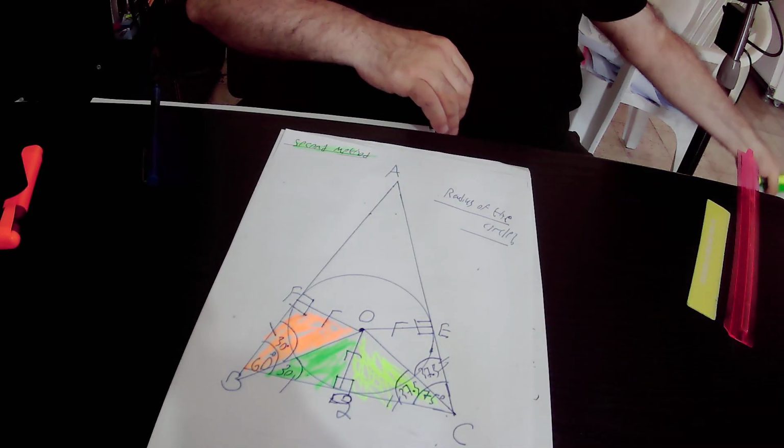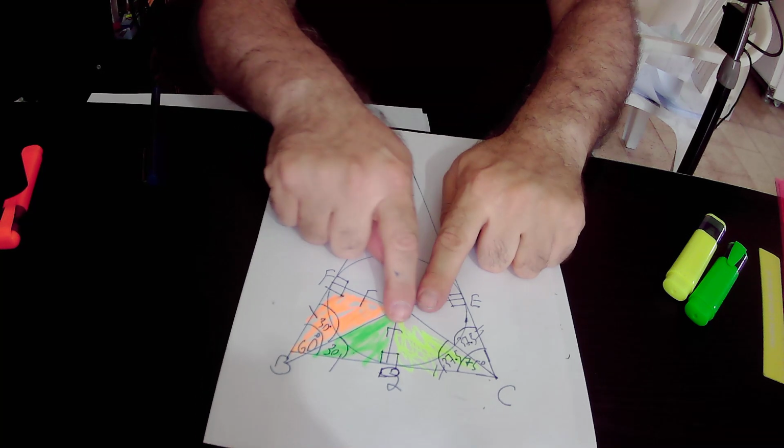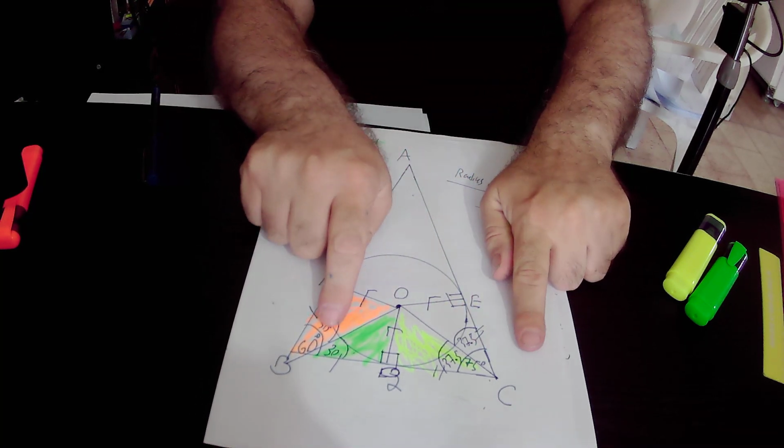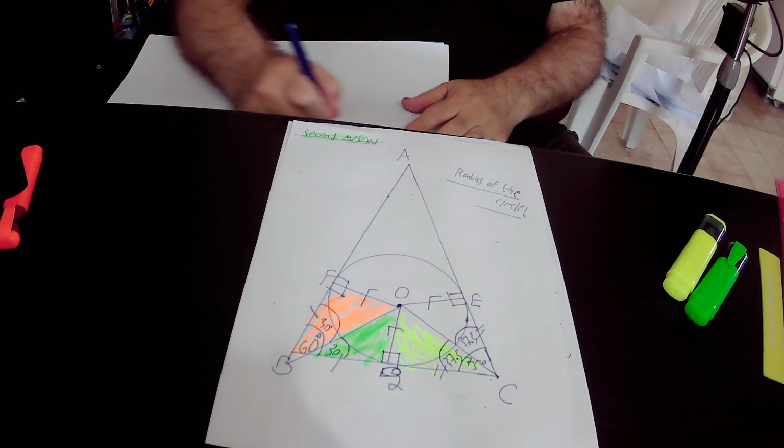And what is the value of BC? It is very easy to see from the drawing that BC equals BD plus DC.